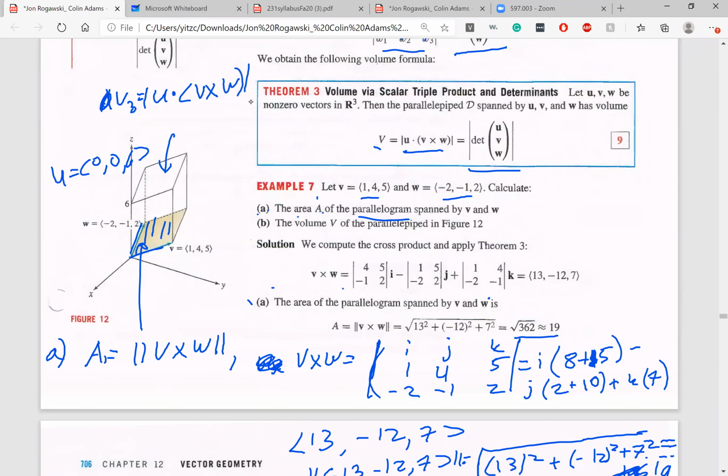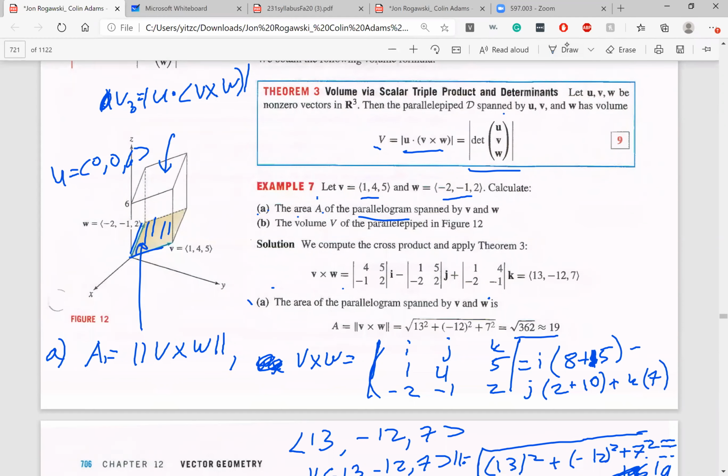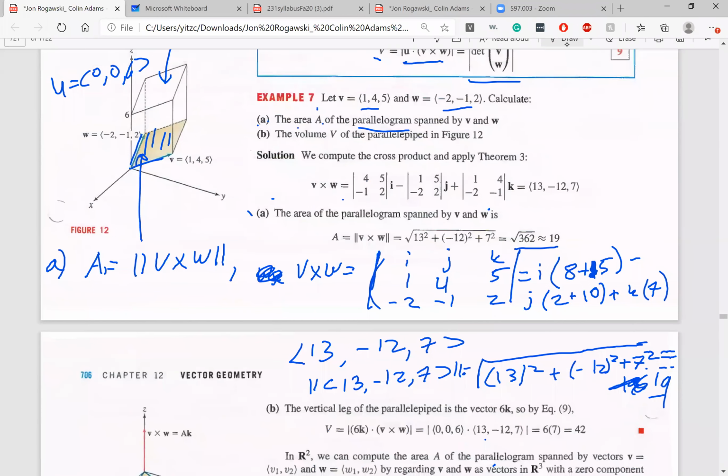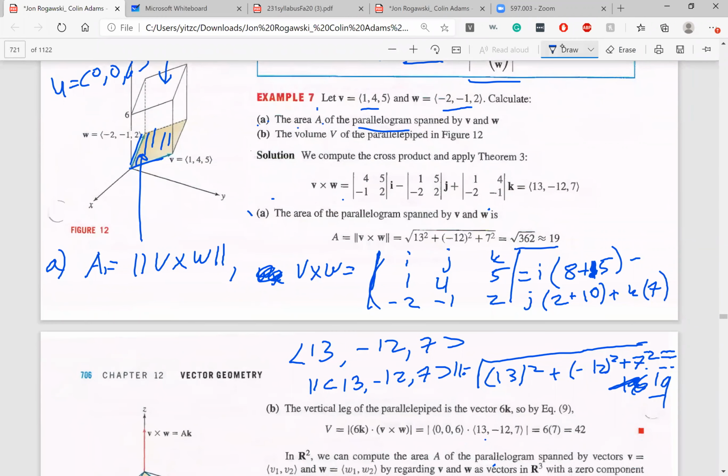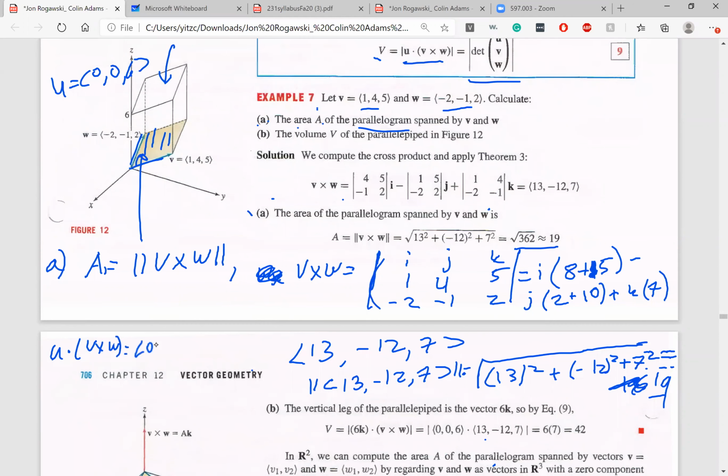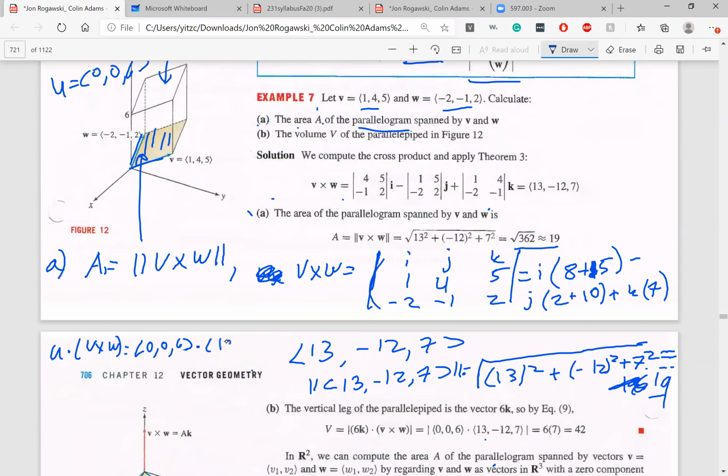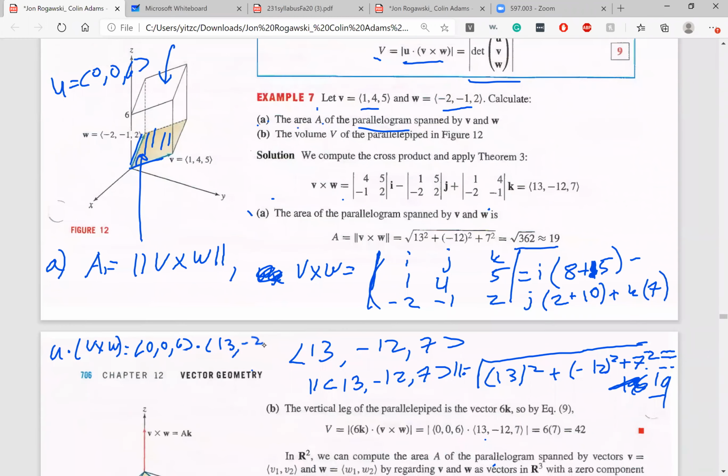And we already know what v cross w is, so let's go back down here. u dotted with v cross w is going to be equal to (0, 0, 6) dotted with (13, -12, 7).